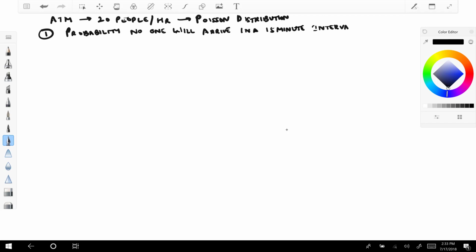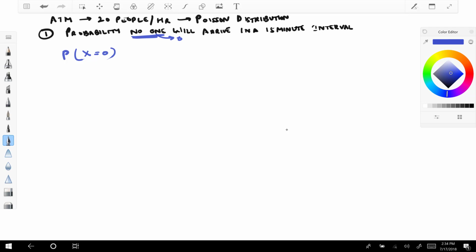It's saying no one will arrive, so we can use our probability distribution function where P of capital X, no one will arrive means zero arrival. So that is P of X is equal to 0.